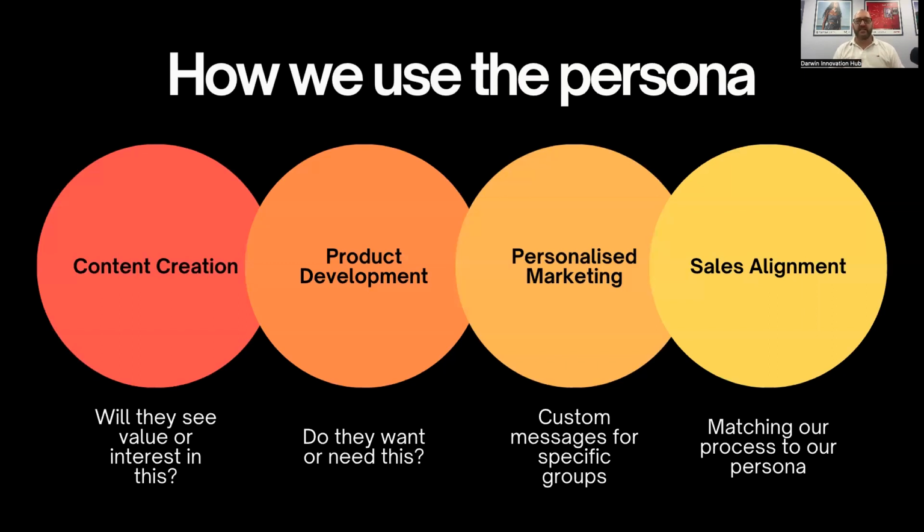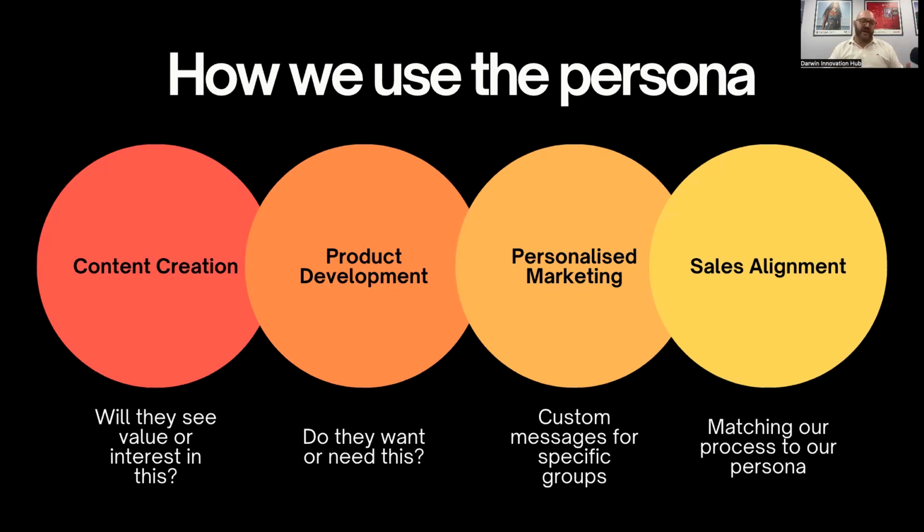The personalized marketing side of it, that's where you're creating custom messages for that persona. So you wouldn't want to talk in skater boy talk when you're talking to a 35-year-old woman, right? It's a very different method of communication. It may look different, feel different, have different graphics, have a different kind of video or music behind it. That's personalizing your marketing towards whoever your particular persona is going to be.